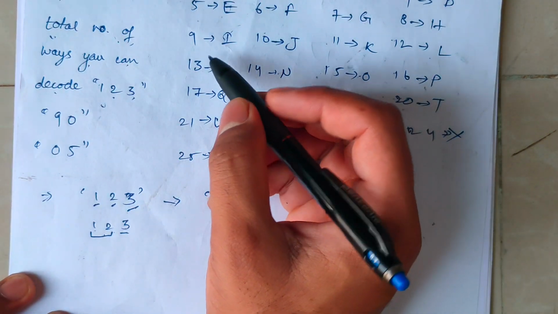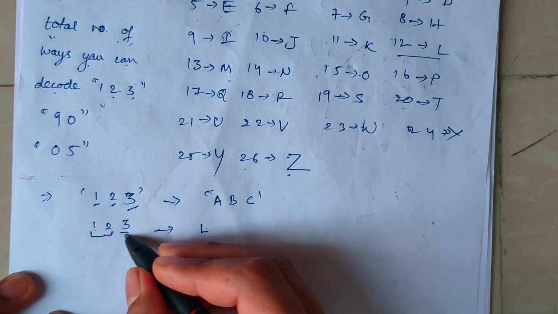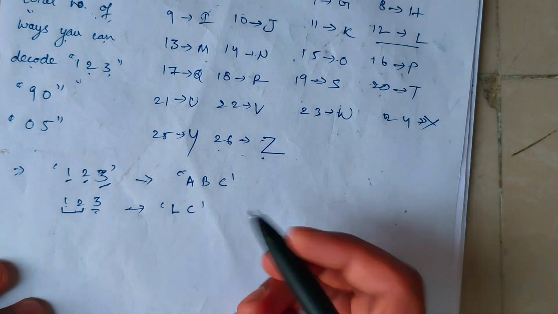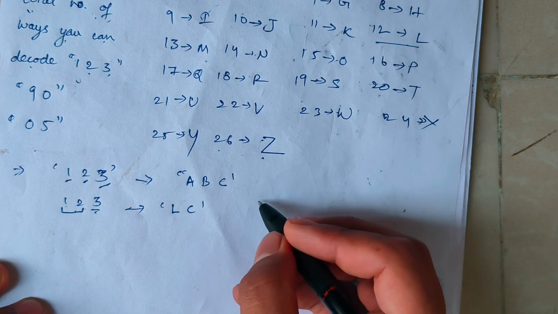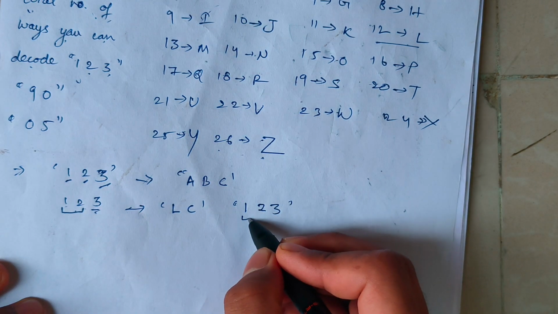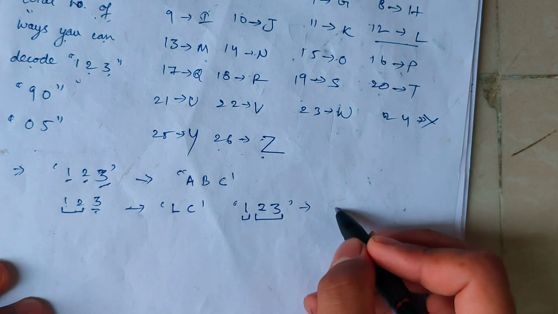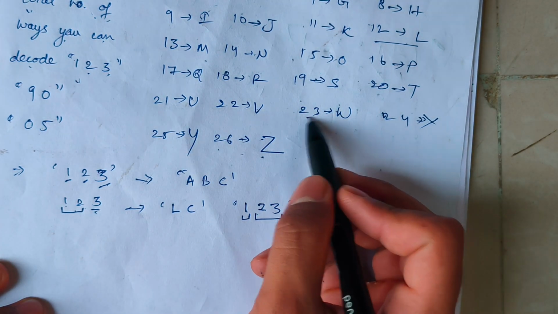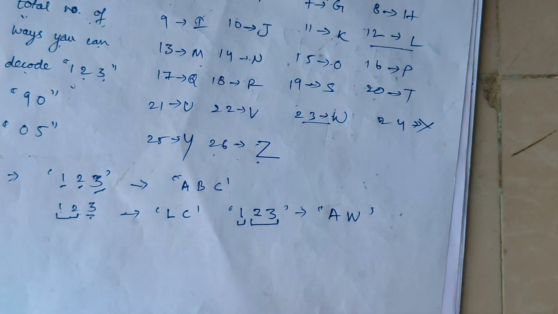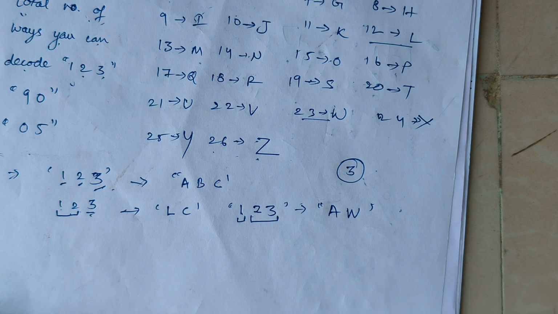So 12 is mapped to L, and 3 is C. And if we take 1 separately and 23 together, 1 is A and 23 would be W. These are the only three ways in which we can decode 123. So we need to return 3 here.